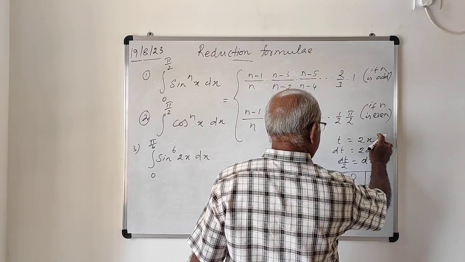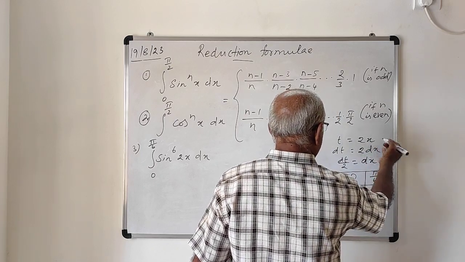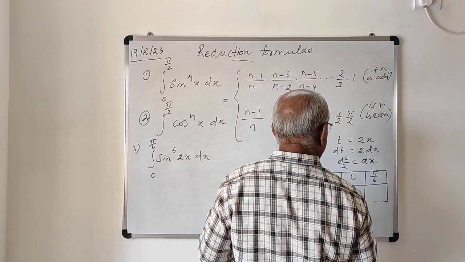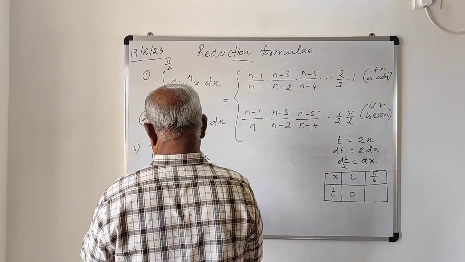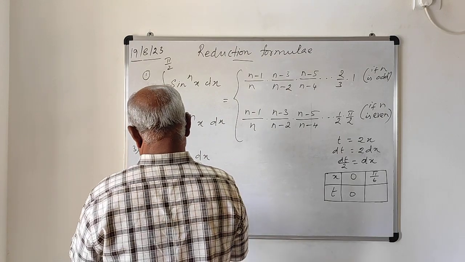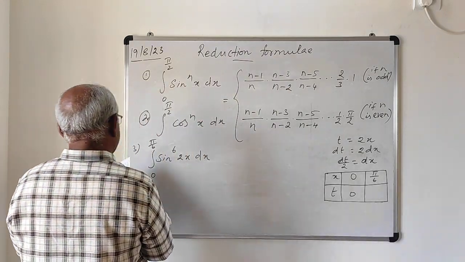If x equal to 5/6, 2 into 5/6... sorry, this is actually 5 pi by 4, not 5/6.